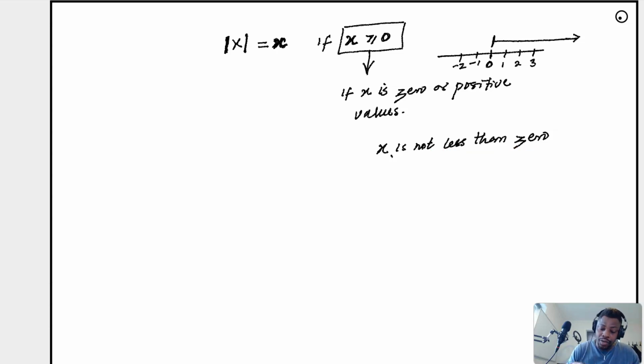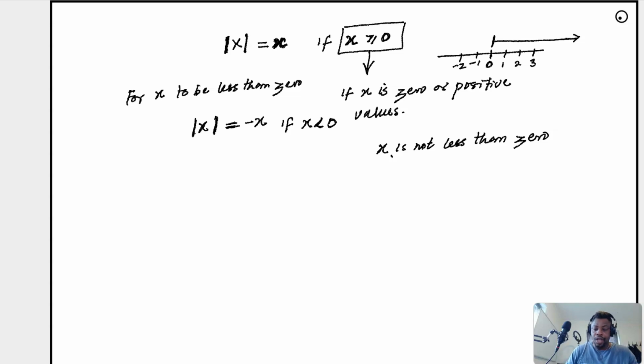So for x to be less than 0, the modulus will be minus x if x is less than 0.